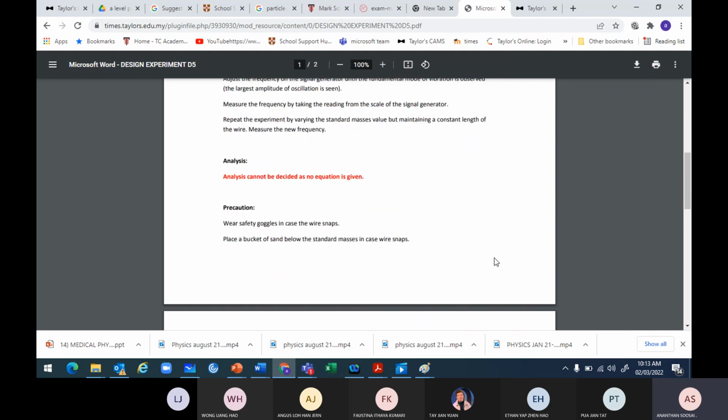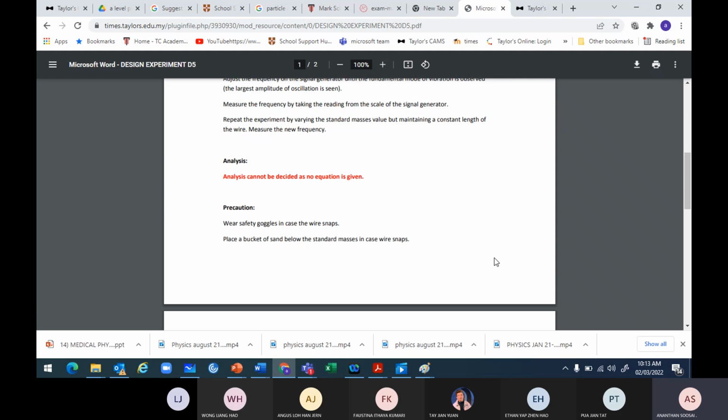Okay, analysis. Of course, there's no equation given here, but I gave you the equation. What equation did I tell you to adapt that day? The frequency is f equals to v over lambda. The f is proportional to root of tension, right?